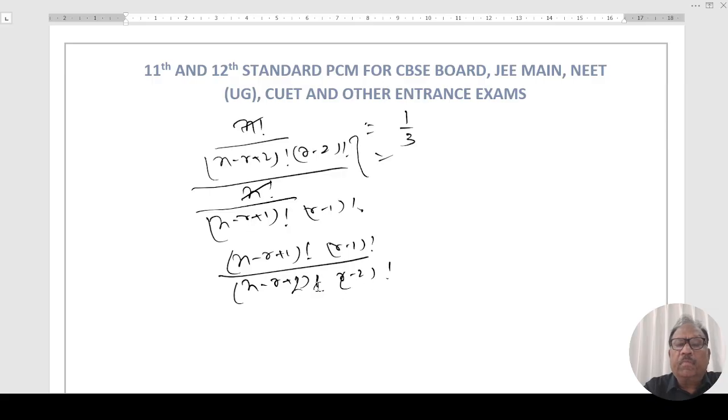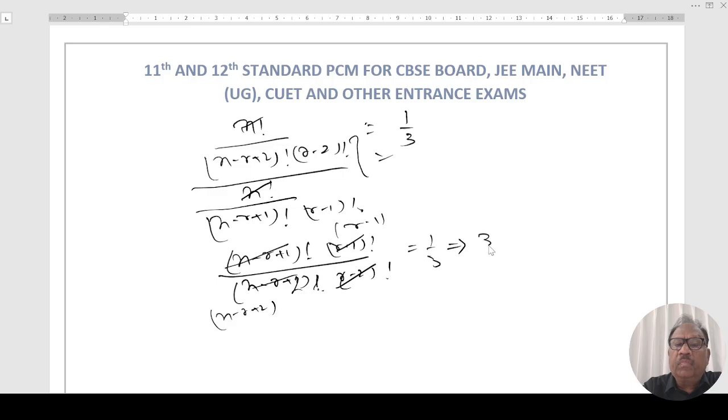So this will be cancelled out, this is r minus 1, r minus 2. This will be cancelled by r minus 1. This is the greater one, so this will be cancelled out by n minus r plus 2. Plus 2 we will write, then n minus r, that is equal to 1 by 3.